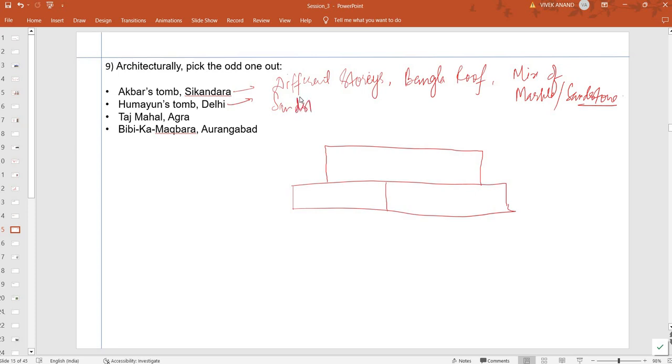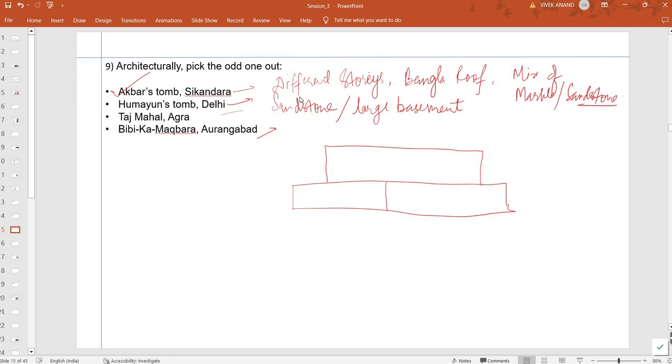Sandstone, and it has a large basement. And Bibi ka Maqbara is just a replica of Taj Mahal. So these two have similar features also. So the odd one out is Akbar's tomb.